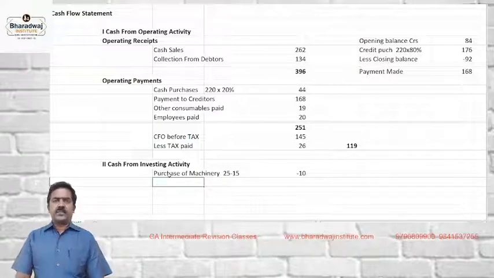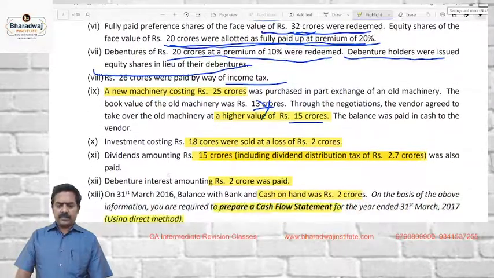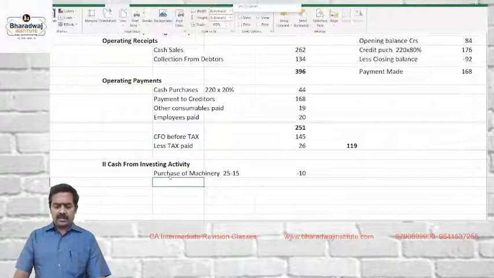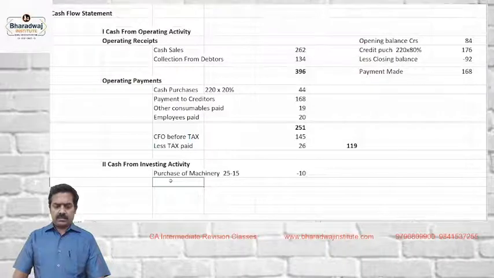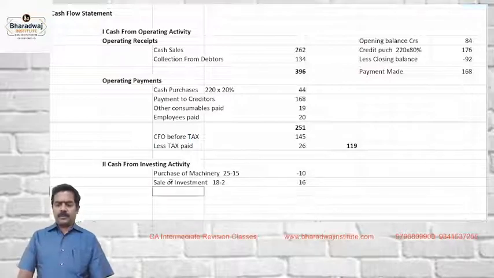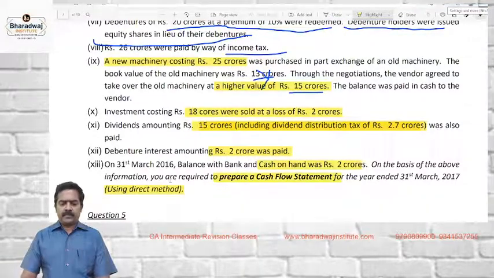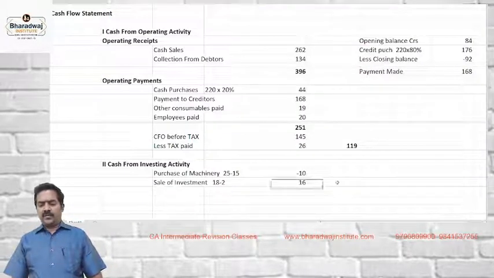We don't get cash for the exchange, we just exchange with the old asset. Sale of investment, 18 crores were sold at a loss of 2 crores, means how much? 16 crores inflow. 16 crores inflow. Then any other inflow?